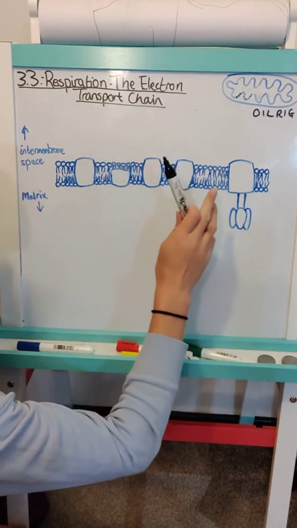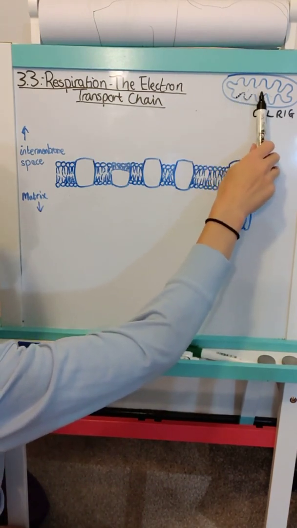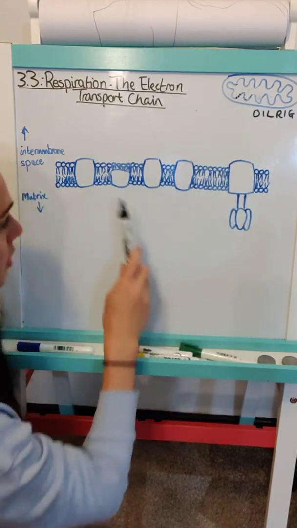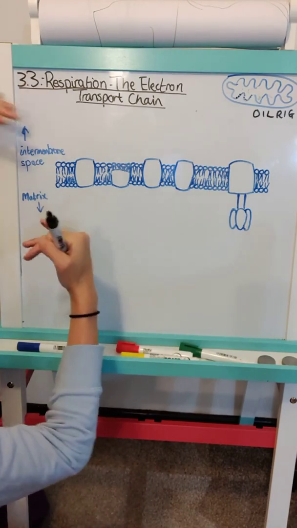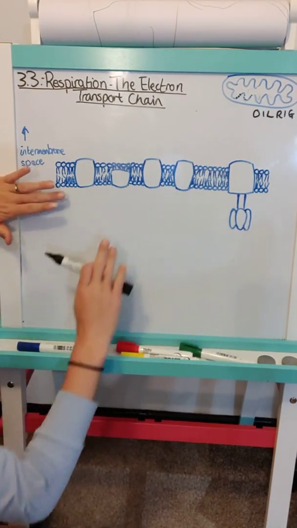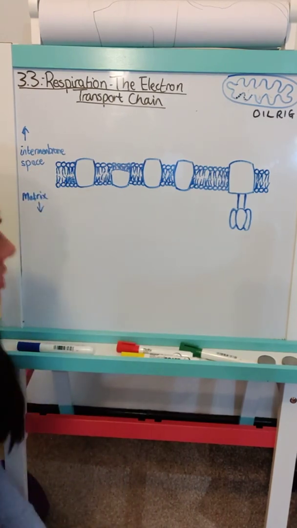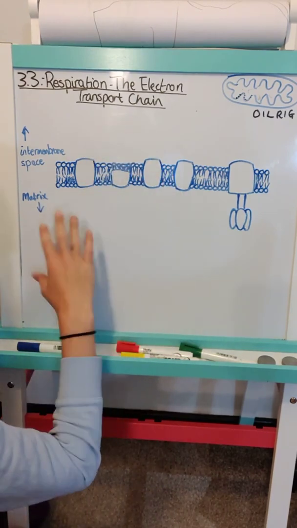So after glycolysis, link, Krebs, there will be a lot of reduced NAD and some reduced FAD here in the matrix available, ready for this process to take place. And just to orientate yourselves, the matrix is here, and in textbooks, and also if you watch other people's videos and things as well, this is the way up that the diagram is.